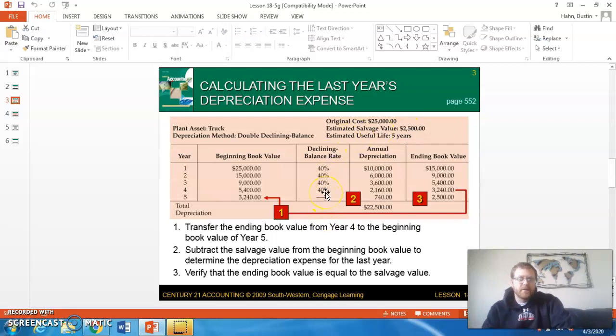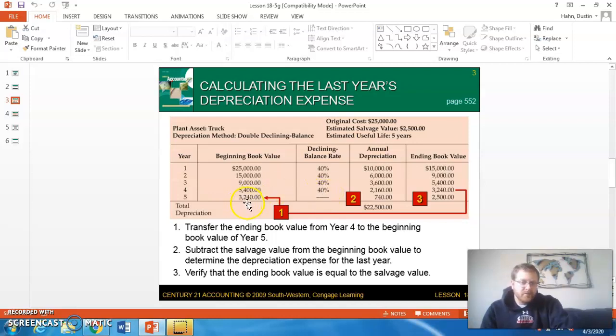If you take your beginning book value $3,240 times your declining balance rate of 40%, you would end up with $1,296. That is not your salvage value. We want to stop at that salvage value. At $3,240, if we take 40%, we will be below that salvage value, so we're not going to take it by 40%.